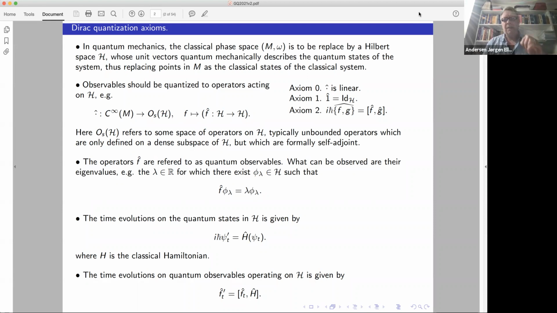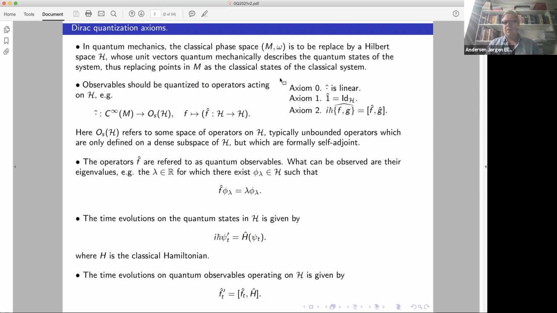Further, we also quantize observables, of course. Now, observables classically are functions on the phase space. And so we imagine that they go under some kind of process to operators acting on this Hilbert space. These operators are typically unbounded operators acting on a dense subspace of the Hilbert space, and we require that they're formally self-adjoint if we're talking about real observables.